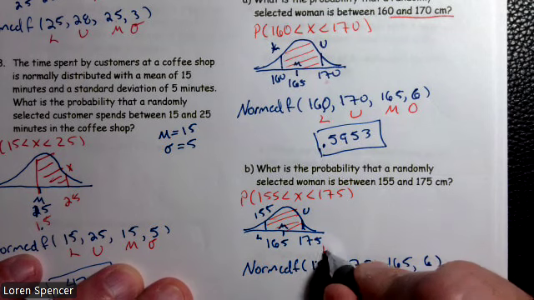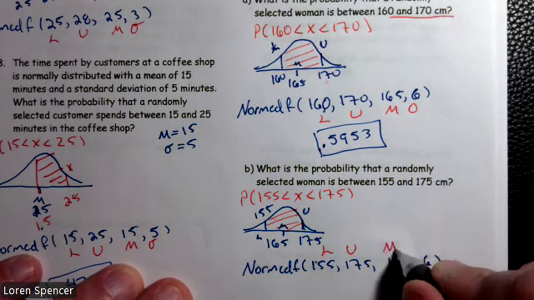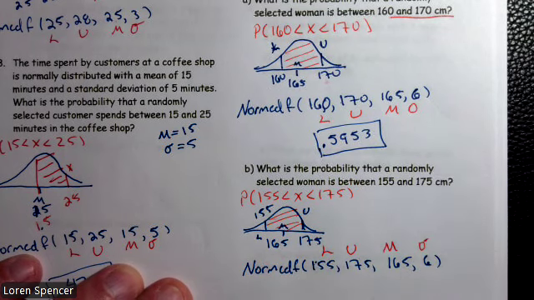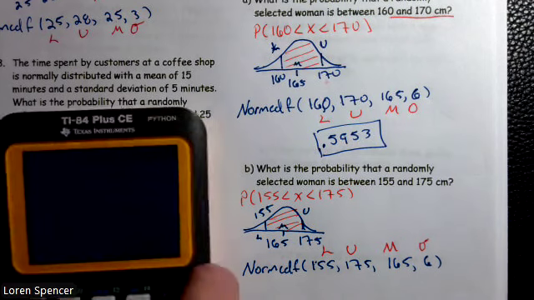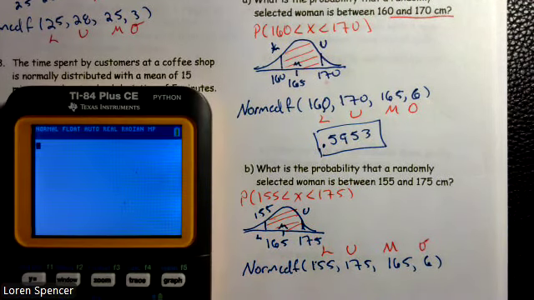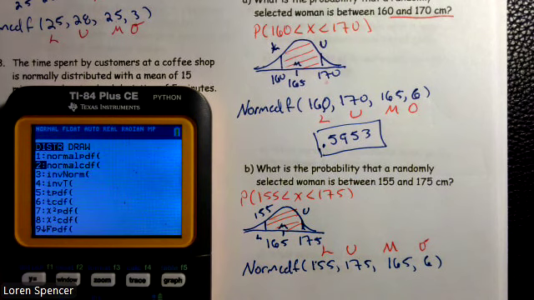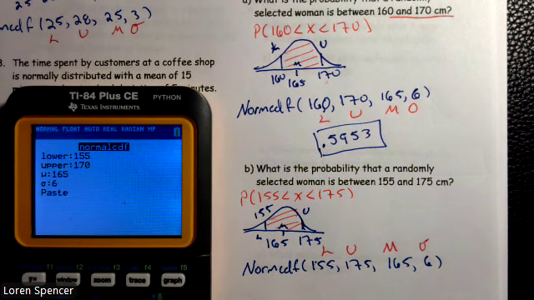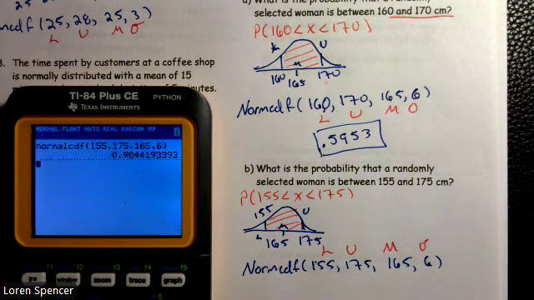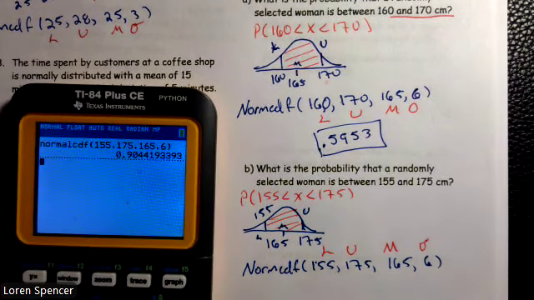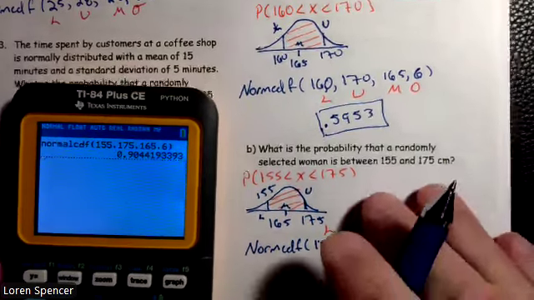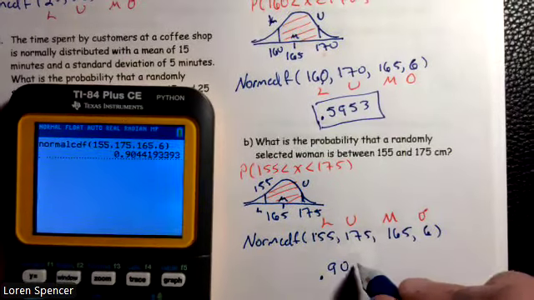This is my LUMO. Second vars, normal CDF, 155, 175, and we have 165 for the mean and 6 for our standard deviation, and we end up with about 90%. So 0.9044.